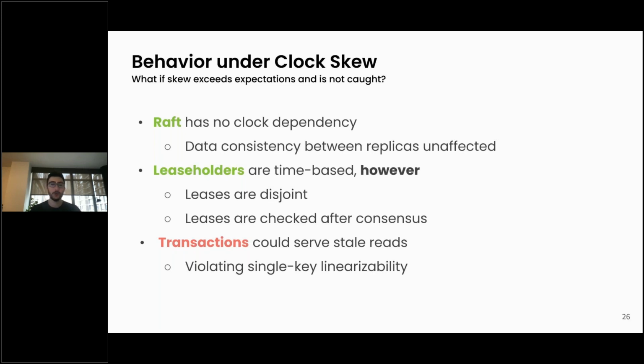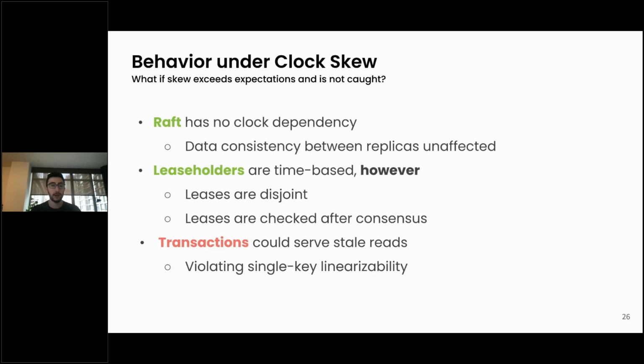What can happen under severe clock skew, though, is that transactions can serve stale reads. This would violate single key linearizability. If clocks are sufficiently skewed, then it's possible for a transaction to write some key value, and then for a later transaction to read below that key value without observing the first transaction in its uncertainty interval.